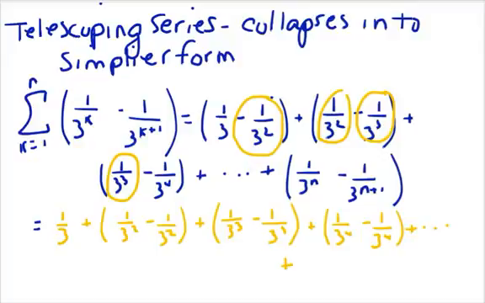And I want to look at this next to the last term, and recognize that you've got something left over just like you did in the geometric on the tail. And that's a minus 1 over 3n plus 1.